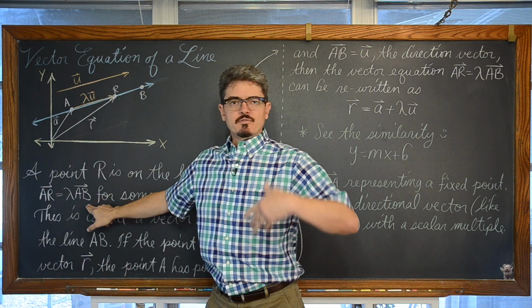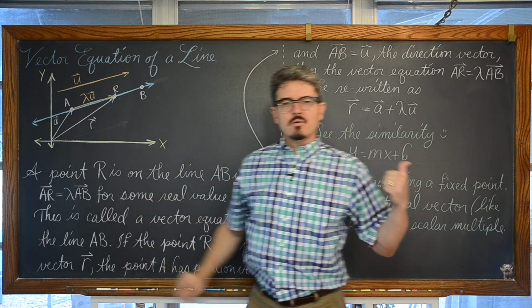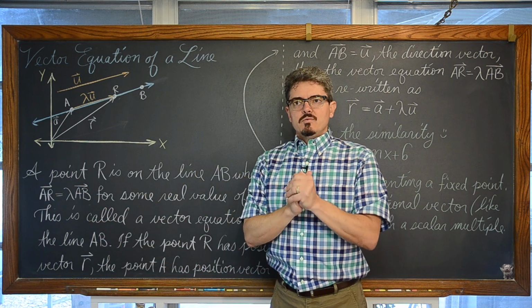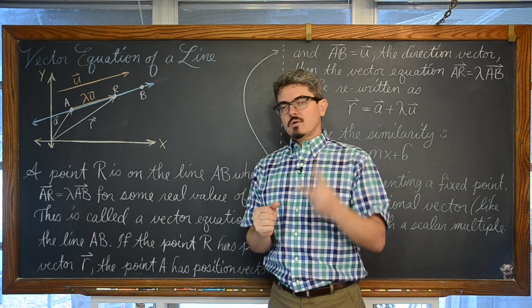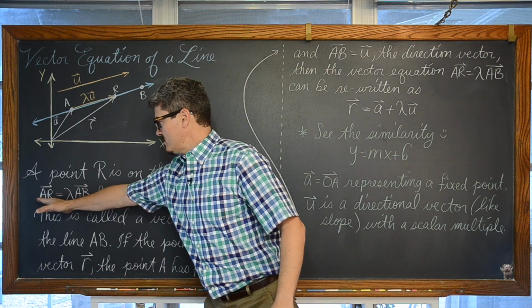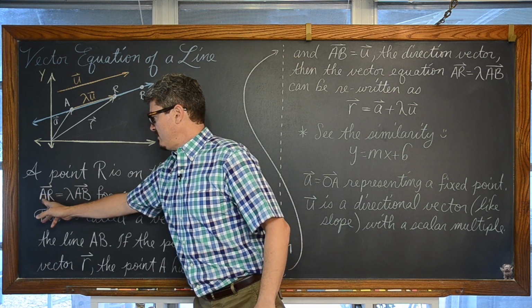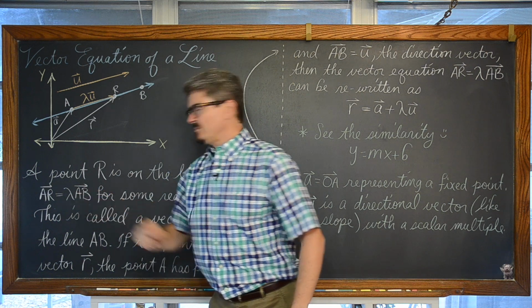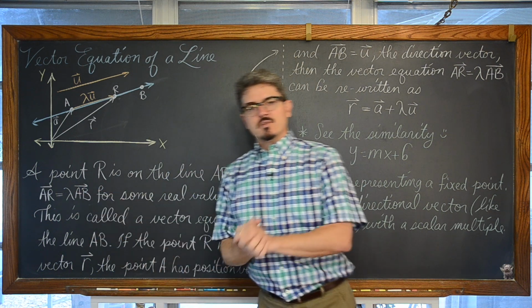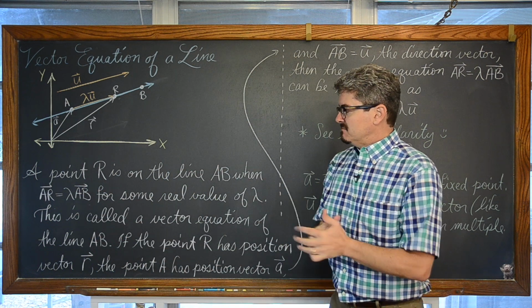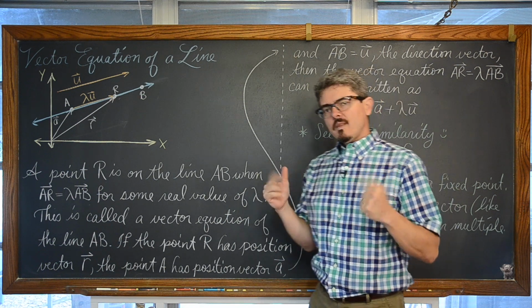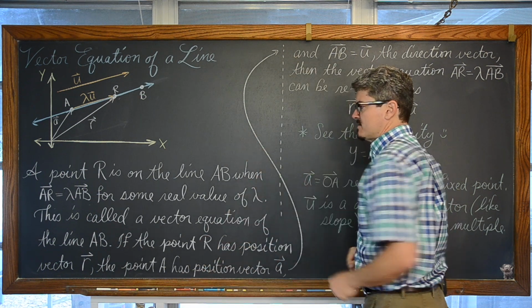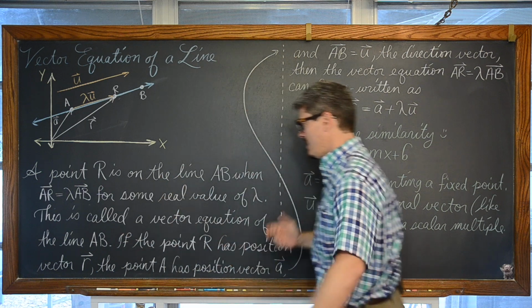All we're doing is referring back to the test we just learned, the test that we use to determine if 2 vectors are collinear. As long as you're using the same initial point, if one vector is equal to a scalar multiple of another vector, assuming that scalar multiple is a real value and not equal to 0, then those vectors are collinear. Hence, that point R is on the line.